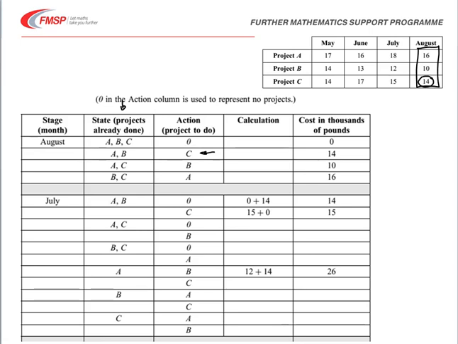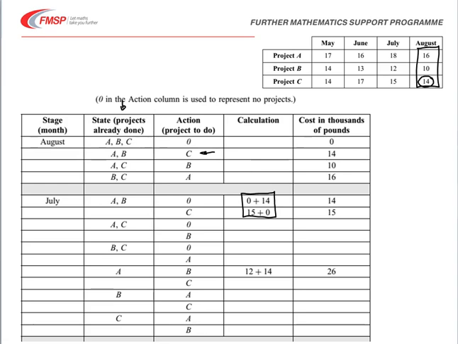Going on then, the first 2 parts of July have been completed. So in July, either we've already done 2 of the 3, A, B, A, C or B, C, so the 3 possible pairs. And if we've done A and B, so taking this top row, we do have the choice of either doing nothing in July or completing C. Now let's take where have these numbers come from, so we can understand what's going on.